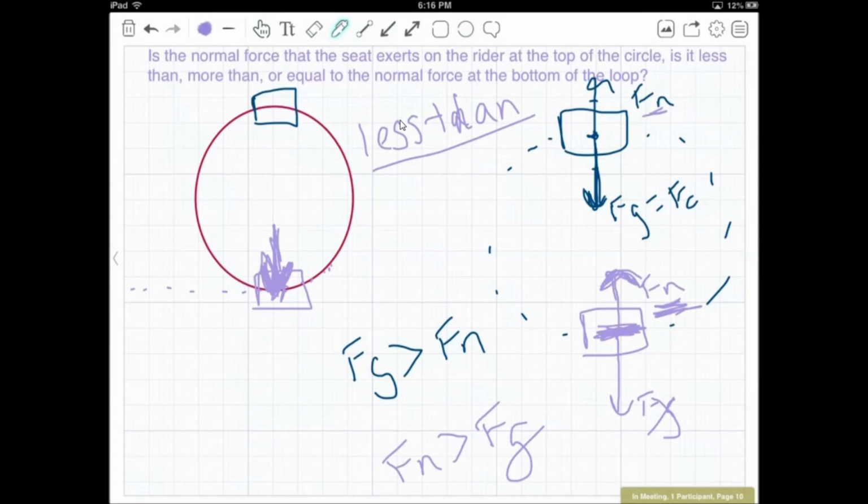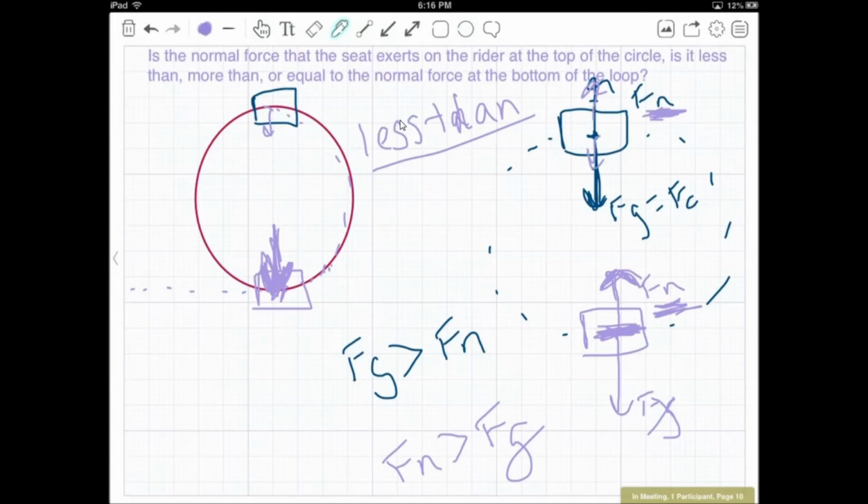And then once you get to the top of the loop, you feel almost weightless. Well, I shouldn't say that. You feel like you're starting to fall maybe a little bit out of your seat. The seat doesn't push as hard on you. That's because the normal force has decreased now. And so your inertia, the normal force points up, your inertia is going to point down, right?